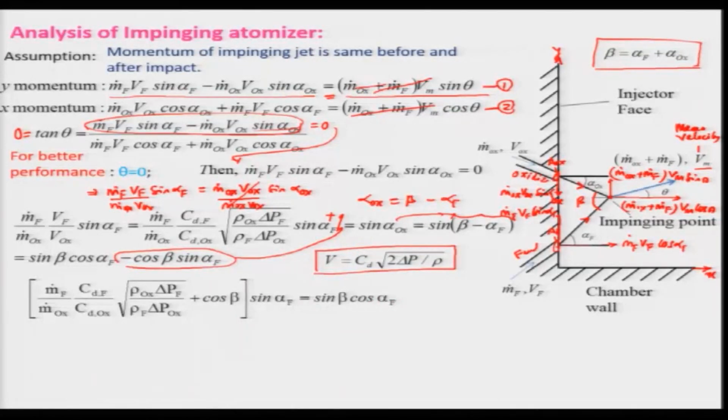Now I can divide by cos alpha f, and this will cancel to 1.